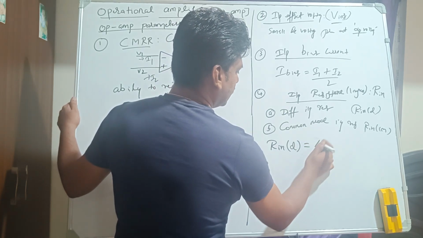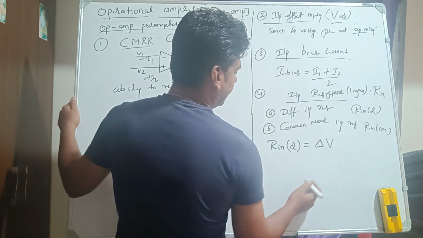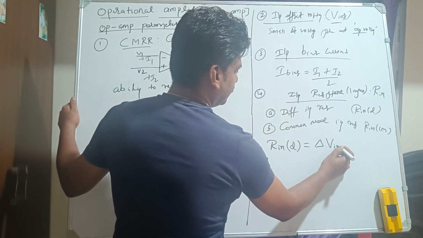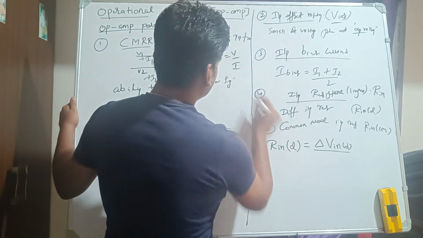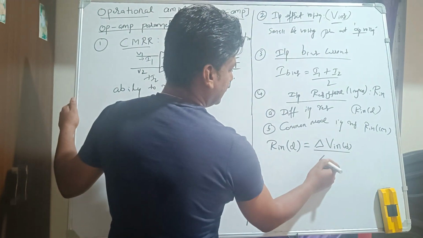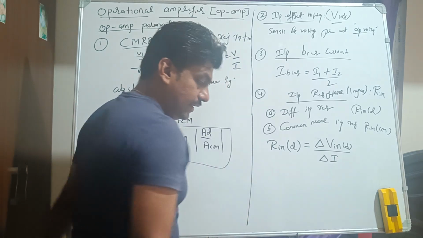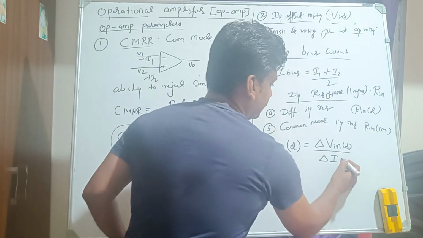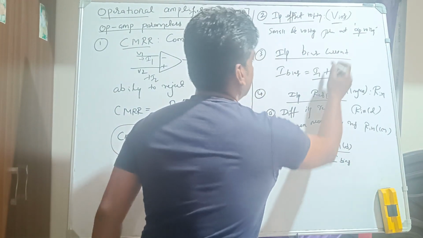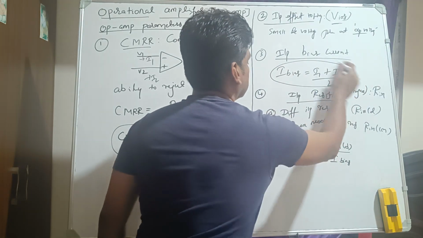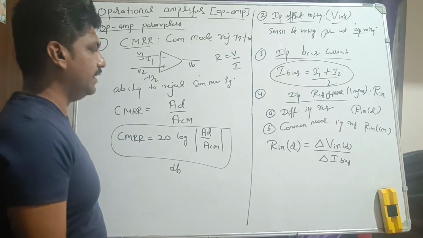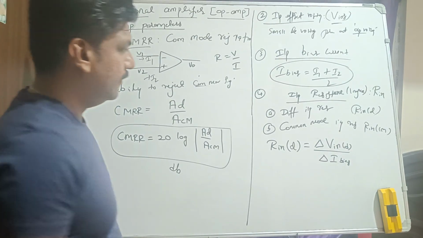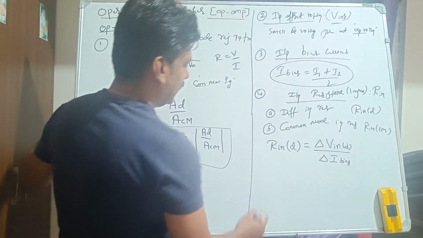So we write delta V in D divided by delta I. What is the meaning of I in this case? It is I bias. And the voltage is the differential voltage, V in, right? So that is R in D.